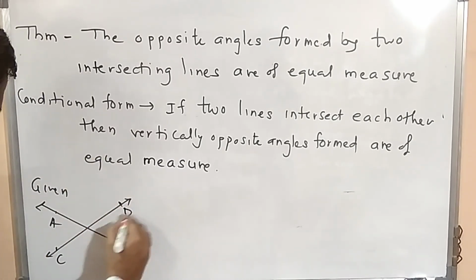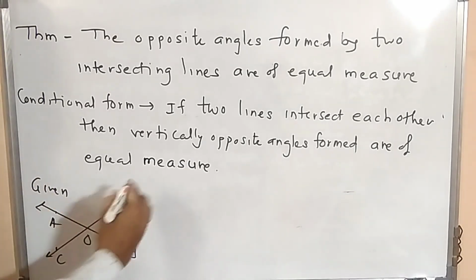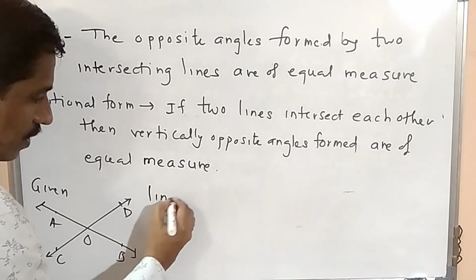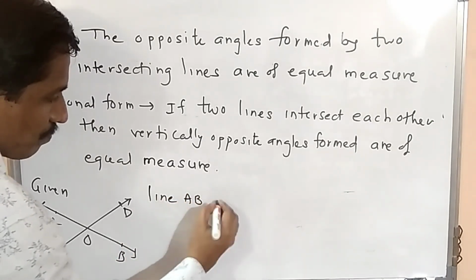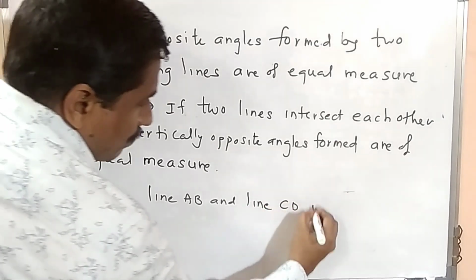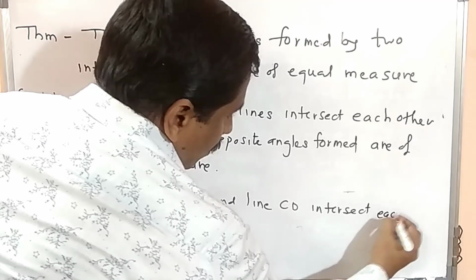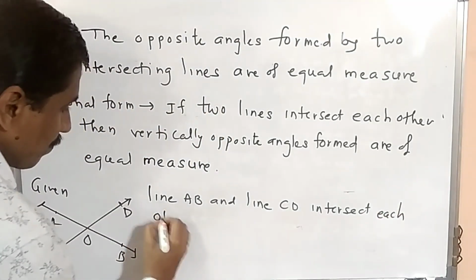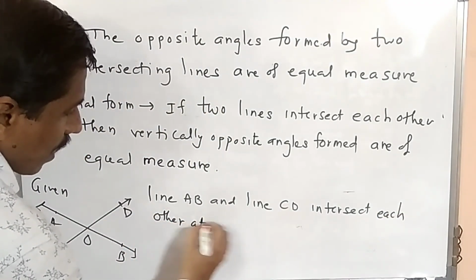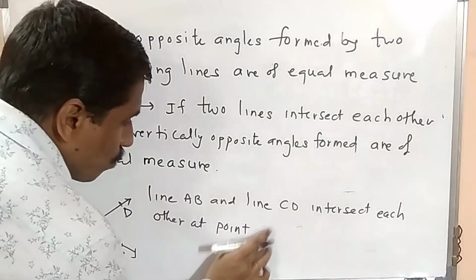They intersect each other at point O. So first I will write the given part. What is the given part? Line AB and line CD intersect each other at point O.